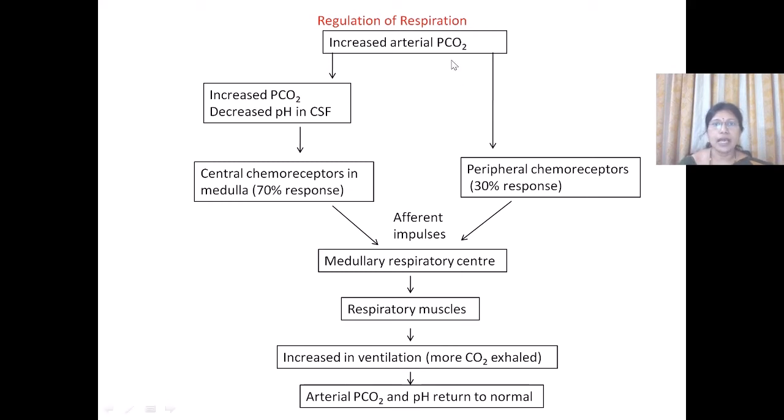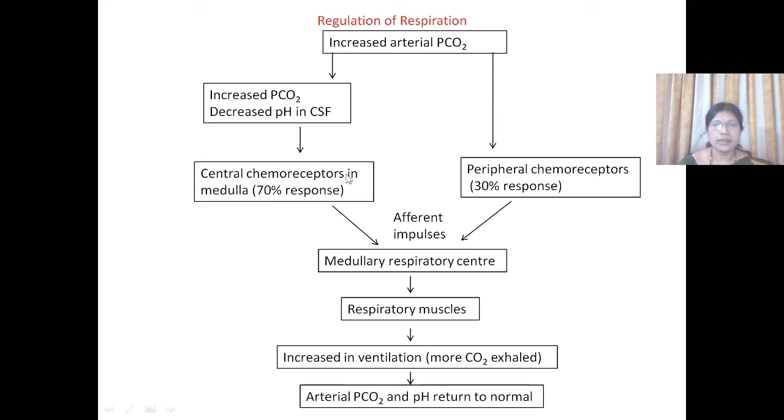When the arterial partial pressure of carbon dioxide rises, it crosses the blood-brain barrier, and CO2 pressure increases in the cerebrospinal fluid, and this causes a decrease in the pH of the cerebrospinal fluid.